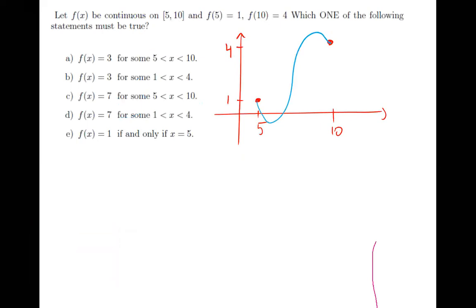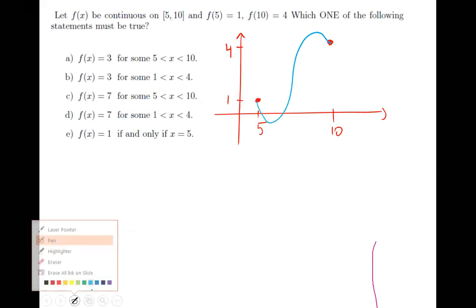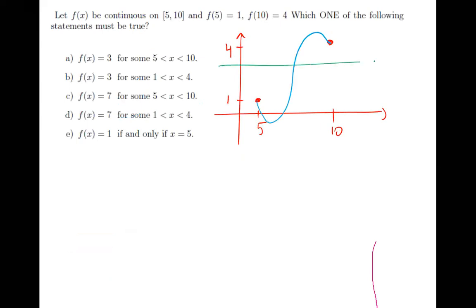Okay, and now let's see which statement is true. F of 3, we can see horizontal line 3, f of 3 will have the corresponding x value for some x's between 5 and 10. Do you think this is correct?